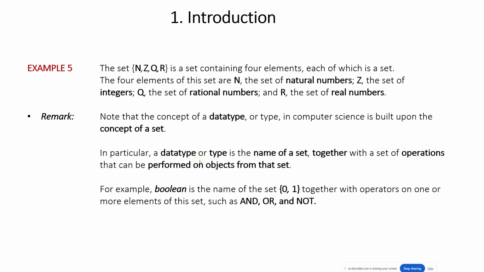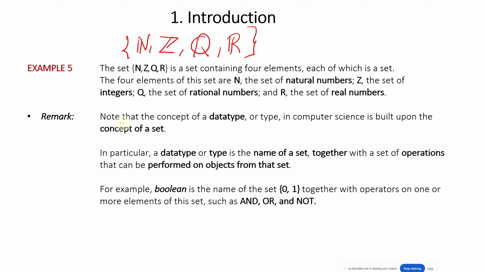Now, if I have this set that contains the N, which are the natural numbers, the Z, which are the integers, the Q, the quotients, and the real numbers, this set contains all the possibilities.